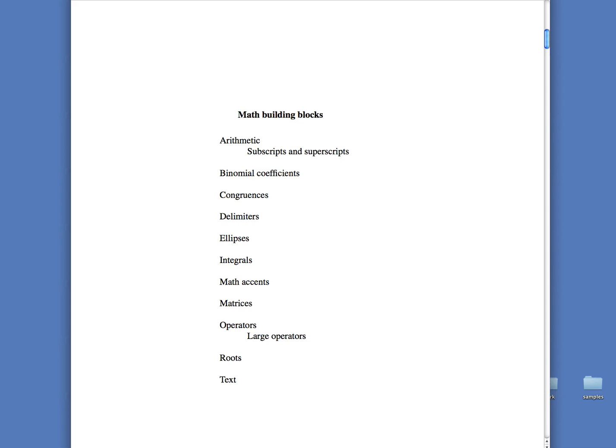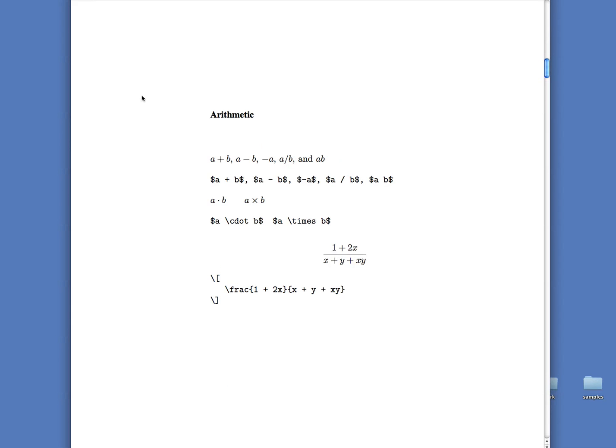Let's go through these groups, the building blocks. We start with arithmetic. There is nothing surprising here. Addition, subtraction, division, multiplication is typed exactly as you would expect it to be typed. For multiplication, we also have the dot as a product with the command \cdot, and the times, the X, with the command \times.